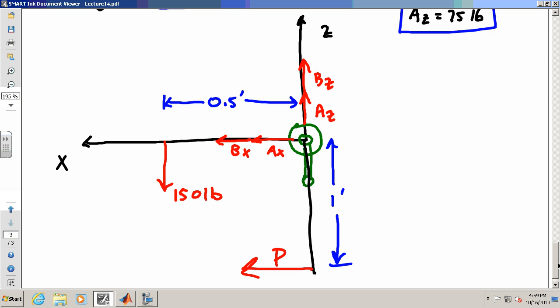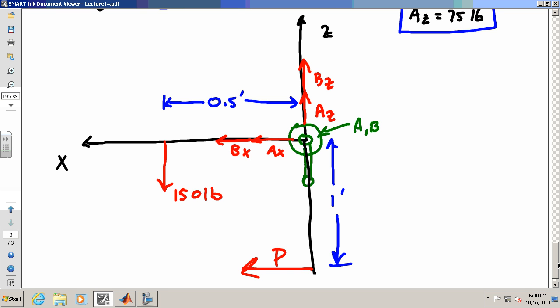So, I can easily solve for P. Anybody know how? A moment about this point here in the center. I'll call it A, but it's really A and B, because you can't see the difference between A and B looking into the y-axis.